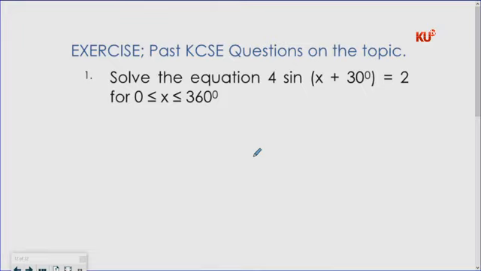So we have one question here. You have the past KCSE question on the topic. You are told to solve the equation 4 sine into brackets x plus 30 degrees is equal to 2. The values of x range from 0 degrees to 360 degrees.